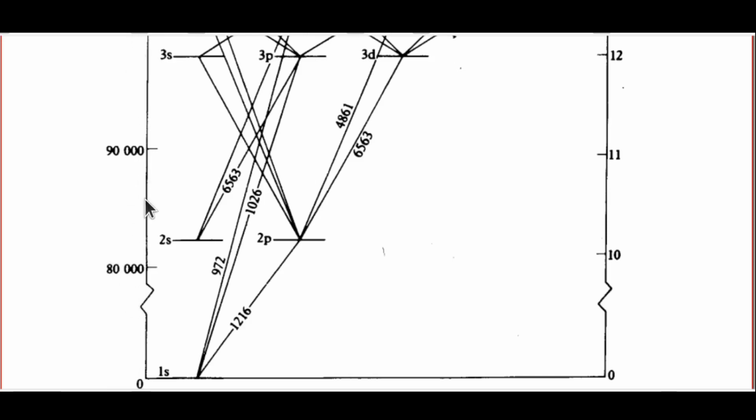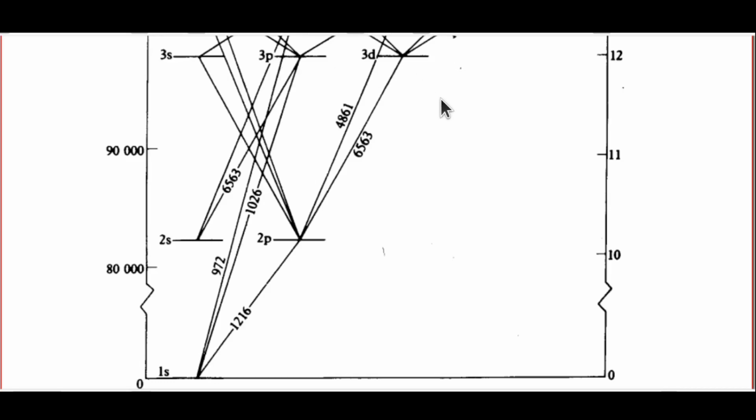The axis here is actually the energy difference or the wave number in centimeter inverse, 80,000 centimeter inverse here and so on, and the various levels are shown. Now, in the Kepler problem, 2s, 2p, 3s, 3p, 3d, all of these are degenerate. 2s and 2p are degenerate, 3s, 3p, 3d are degenerate, and so on.